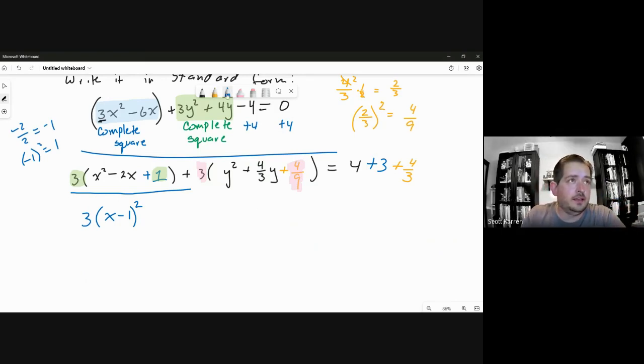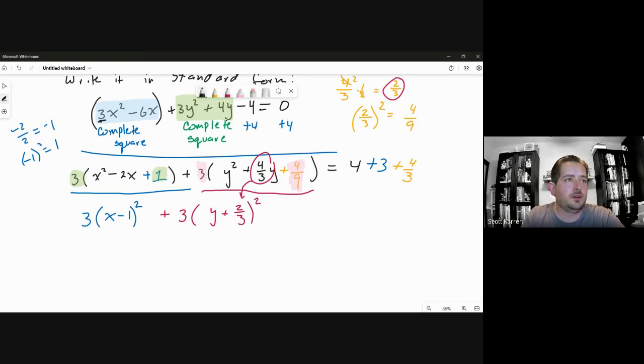The other guy, this other term over here, is also 3 multiplied by a perfect square. That perfect square was y plus 2/3. Whatever you took this middle term and divided it by 2, that's going to be what goes in there.